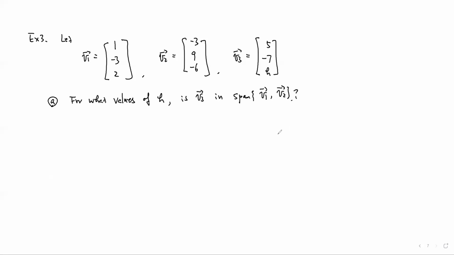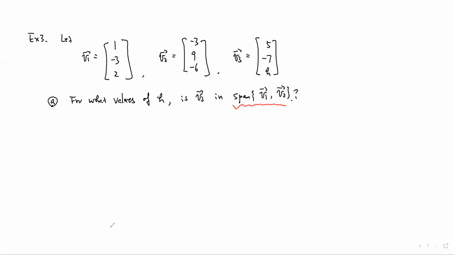Now you need to recall the meaning of this notation. This notation means the set of all possible linear combinations of V1 and V2. So this question actually is, for what values of H is V3 a linear combination of V1 and V2.